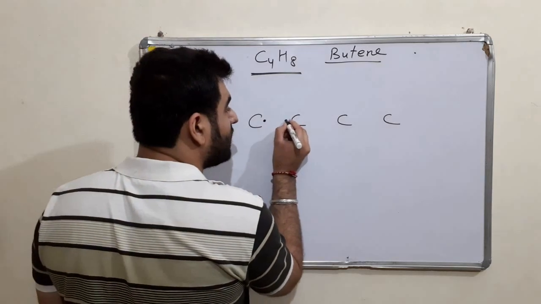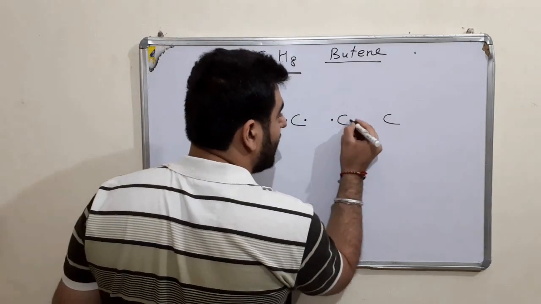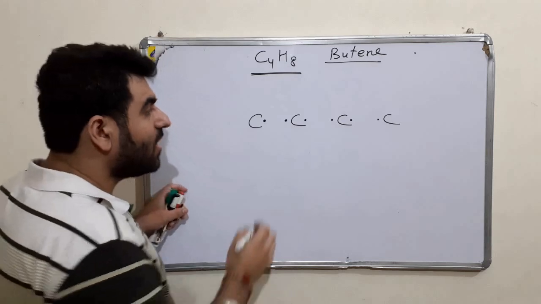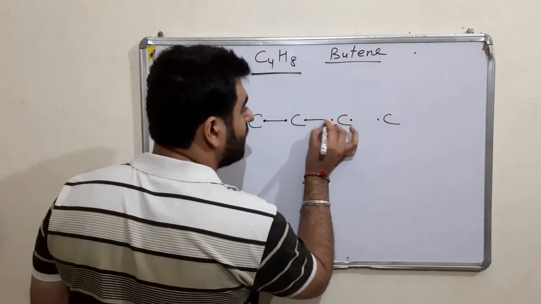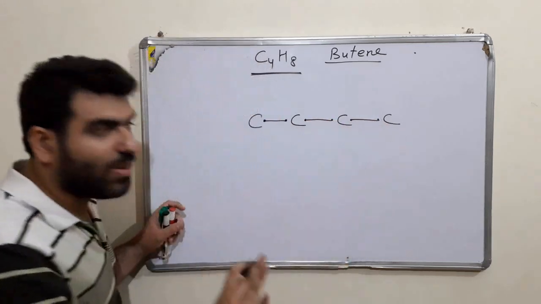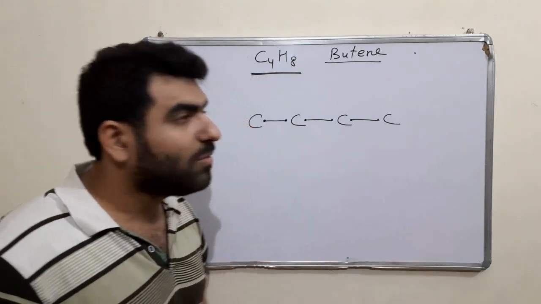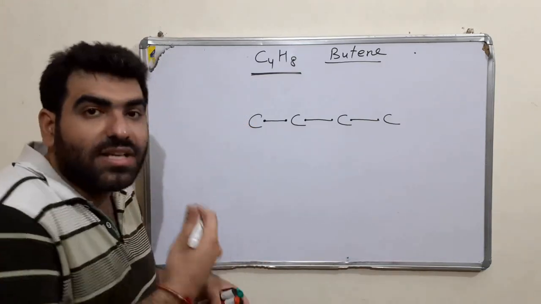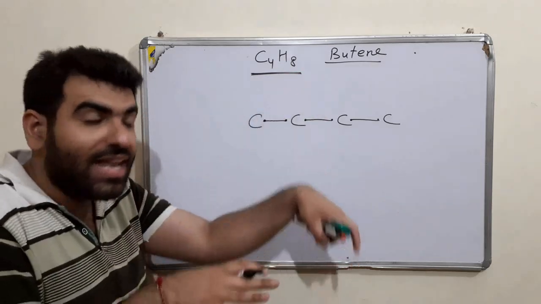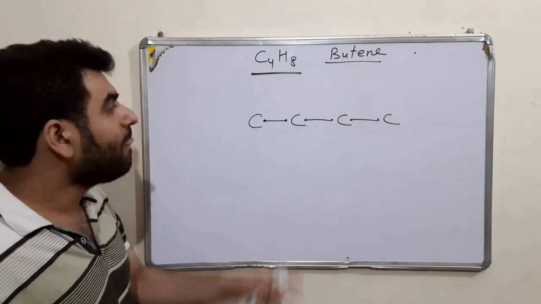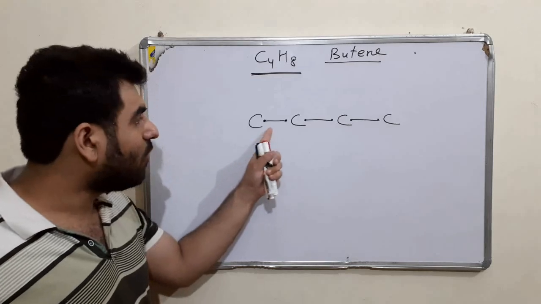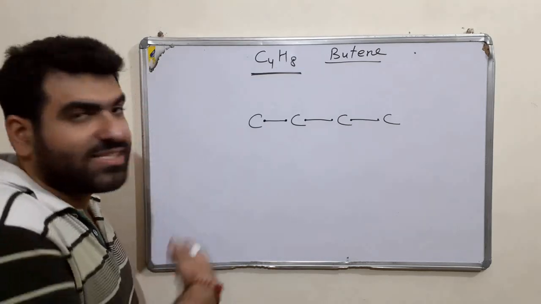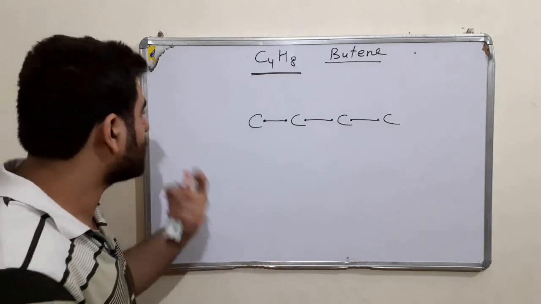Means here one electron, here one electron, here also, here also. So this is a bond formation between carbon and carbon. This is always the case. Carbon and carbon will share at least one bond with each other. ज्यादा जितने मर्जी कर सकते हैं, लेकिन minimum it can share one pair at least. Maximum it can share 3 pairs.